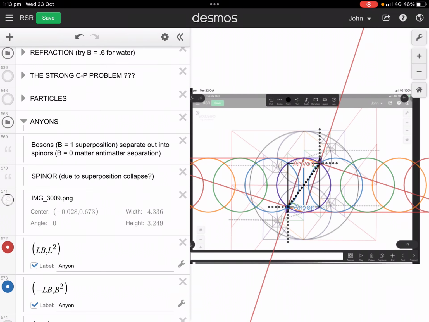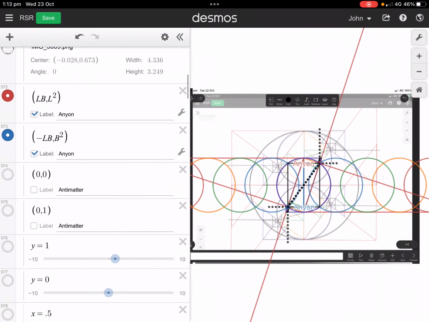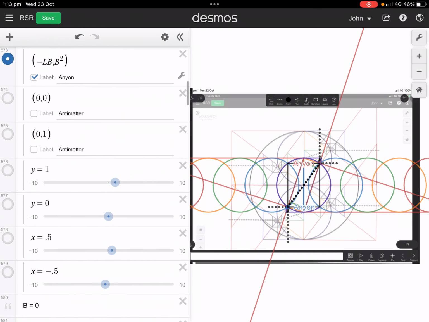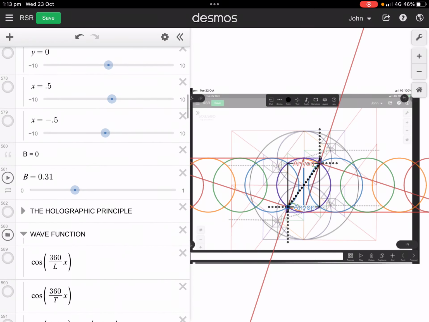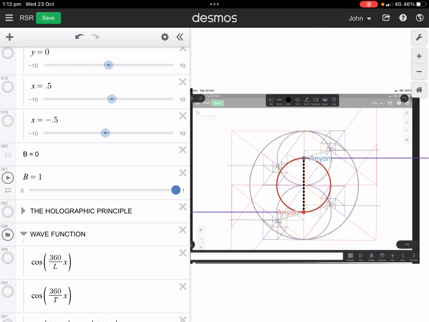So I've got a red anyon, a green, and a blue anyon, and then when b equals 1, it's completely in a superposition. And so that's like a boson or a photon.